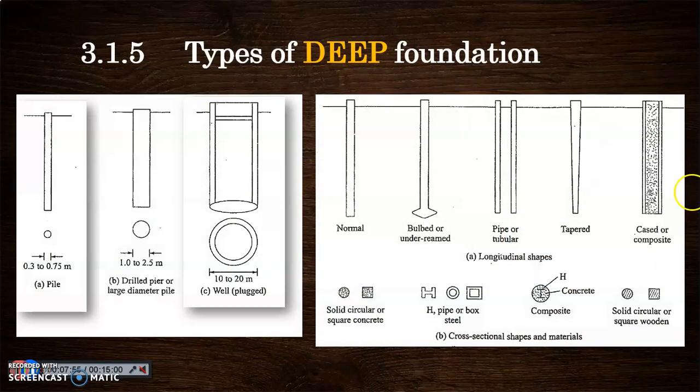That's how it works. And here, quickly, the types of deep foundations that are commonly used, single piles like this. It could be a drilled pile. Remember I talked about, if you have drilled piles, then you can have a bigger base like this, right? Under-reamed bases. And you could have a caisson or a pipe pile like this, meaning the inside of it is hollow.